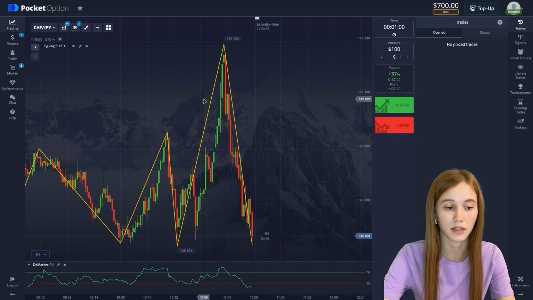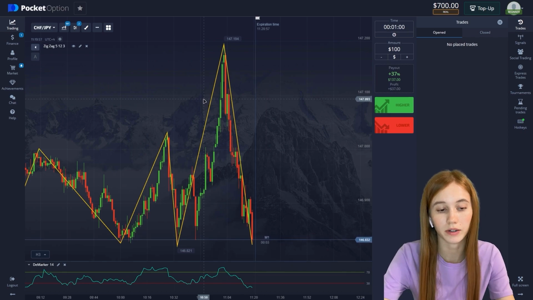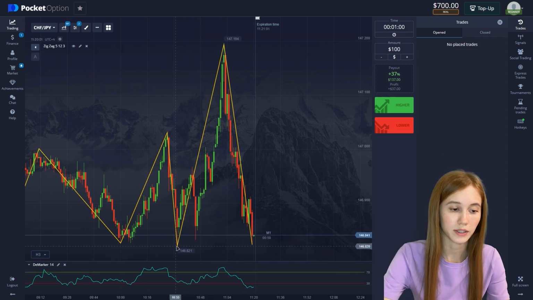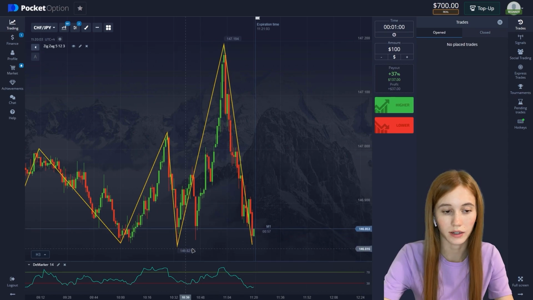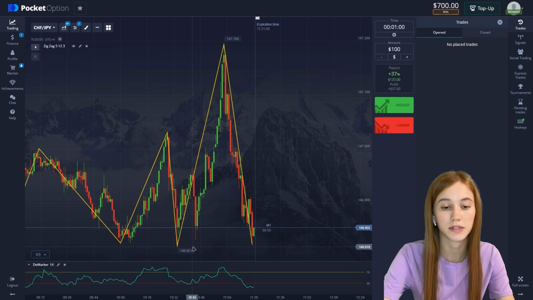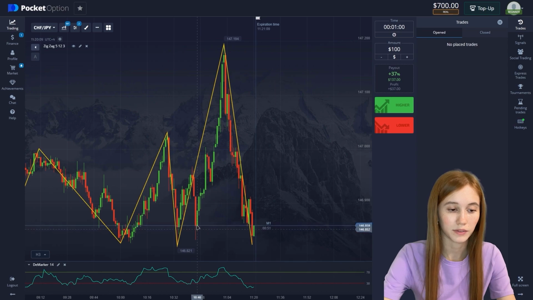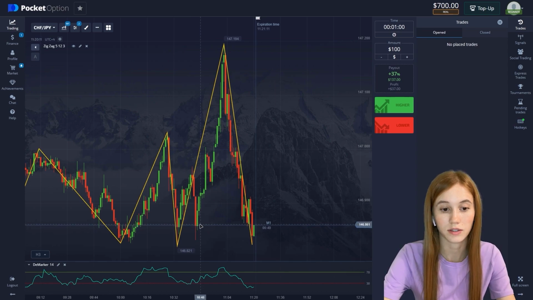Thanks to this, it's possible to consider important market movements without taking into account various noises. Unlike other indicators, the zigzag does not predict price behavior in the future, but rather indicates significant changes in the past.